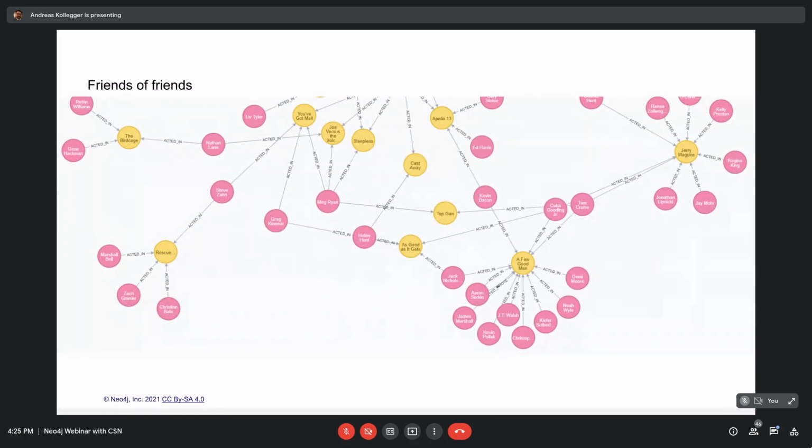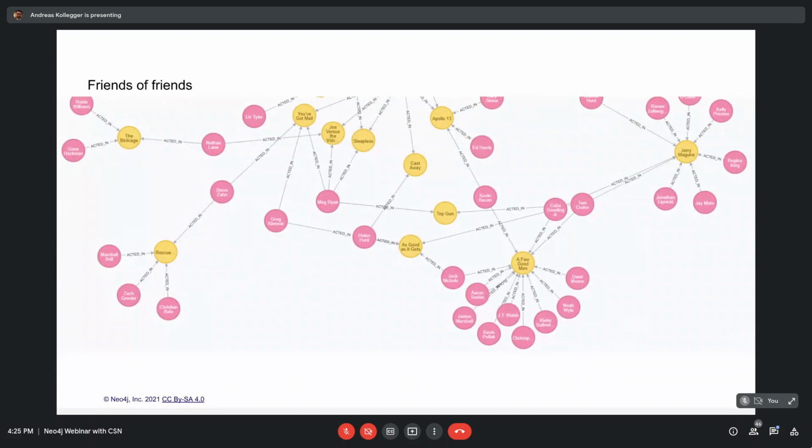This is a data set of actors and the movies they've acted in. It's super simple. There's just actors and movies. And yet, even with that, you can realize that there must be relationships between these actors. They at least are aware of each other, even if they aren't necessarily friends. You at least know that they are co-actors.